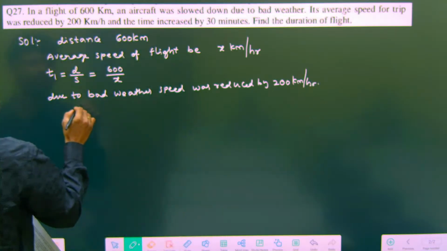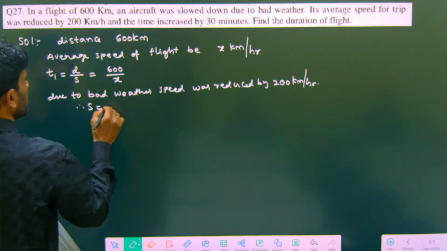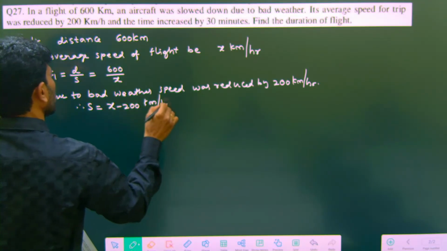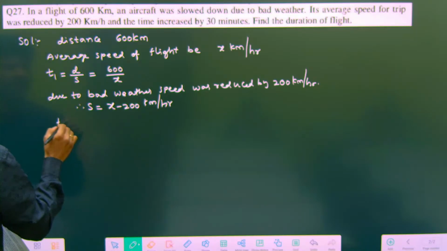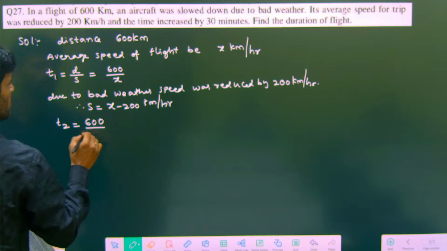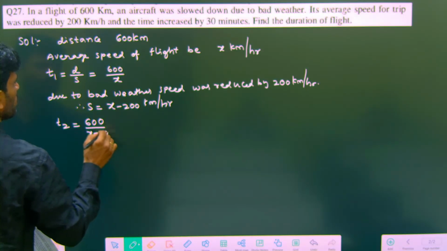So what is the speed then? Therefore, speed is equal to x minus 200 kilometers per hour. But there is no change in the distance. So time t2 is equal to 600 by x minus 200.